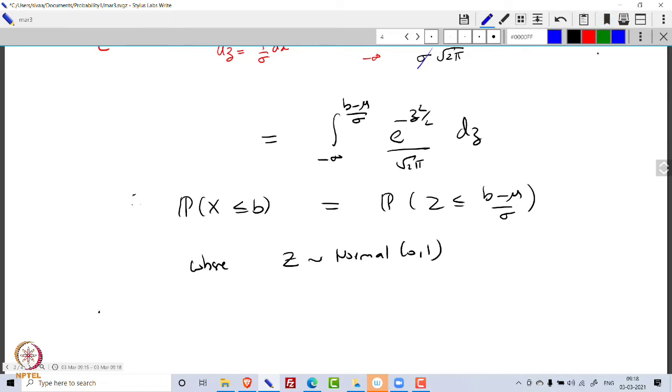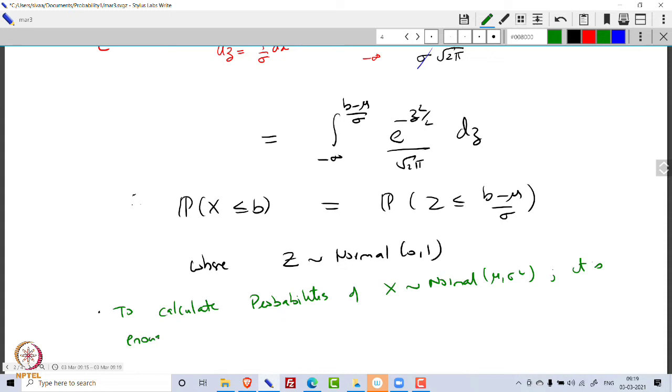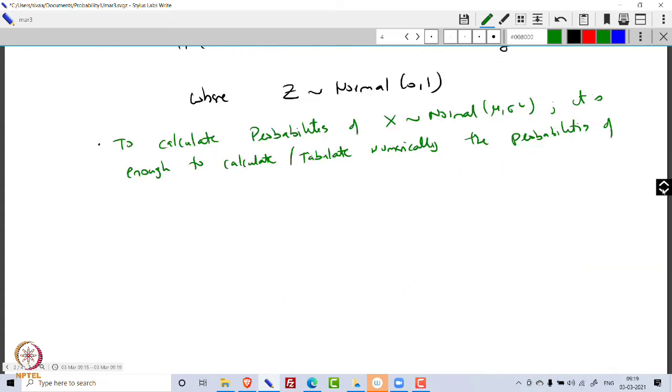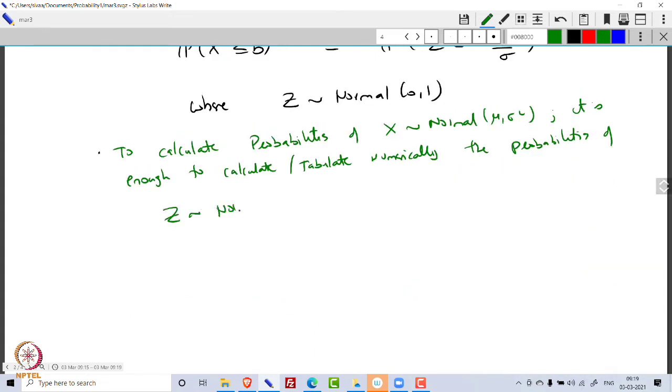Therefore, the key observation here is that to calculate probabilities of x being normal mu sigma squared, it is enough to tabulate numerically the probabilities of z being normal 0, 1. Okay, that's the clear idea.